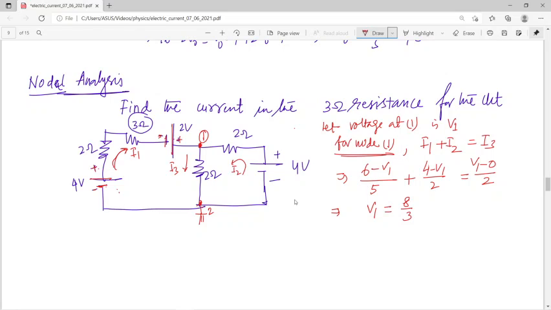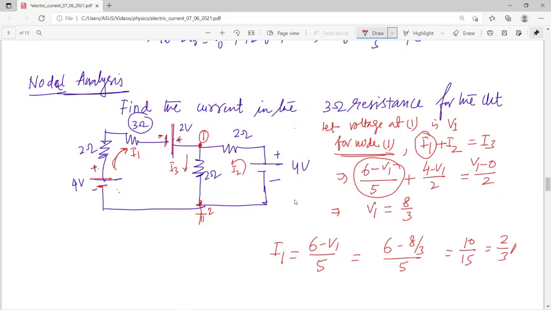The current through the 3 ohm resistance is I1, which is (6 minus V1) by 5, so (6 minus 8 by 3) by 5, which comes to 10 by 15, or 2 by 3 ampere.